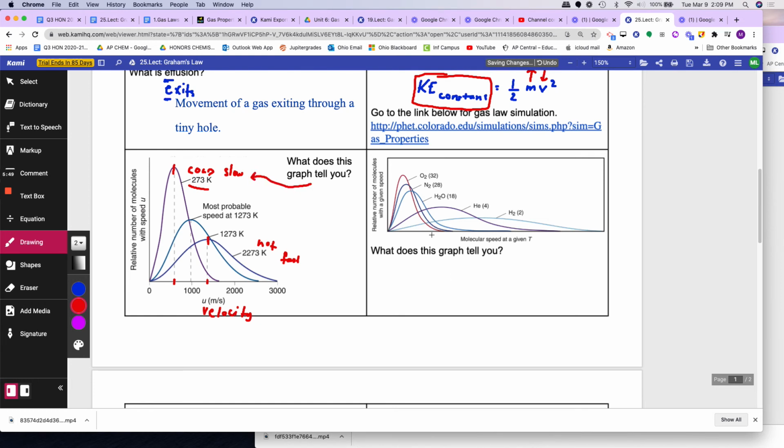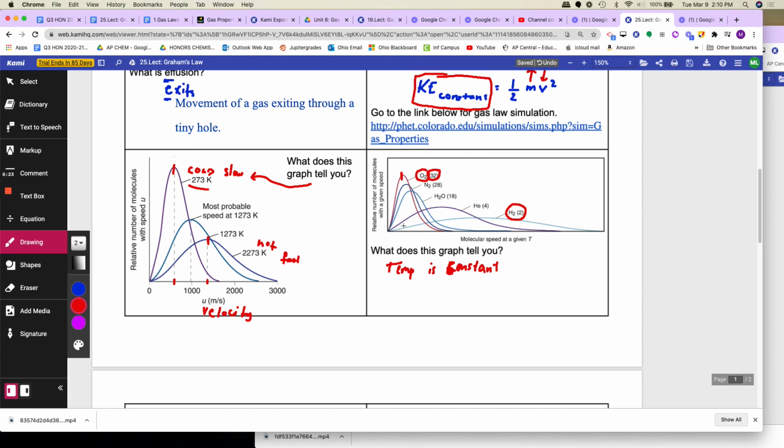Now this graph is a little bit different. Here the temperature is constant. Pretend all these gas molecules are in the same container, constant. So here's oxygen. The mass in parentheses is 32 grams per mole, 16 plus 16, it's O2. And this is hydrogen gas, mass of 2 grams per mole, 1 gram per mole each.